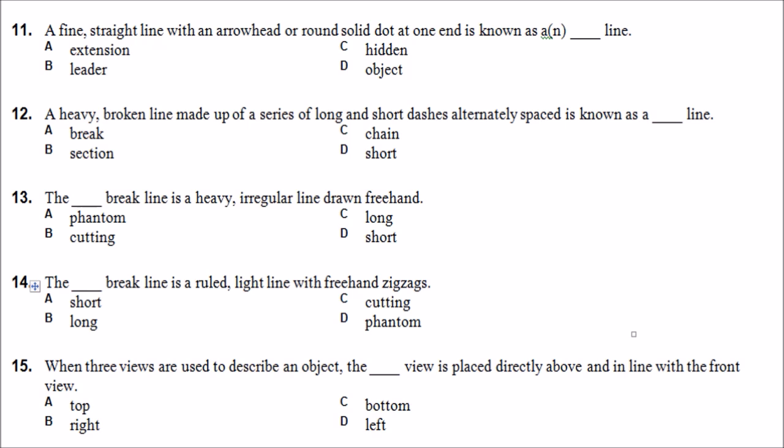That is called a long break line. And number 15. When three views are used to describe an object, the blank view is placed directly above and in line with the front view. That answer is A, the top view.